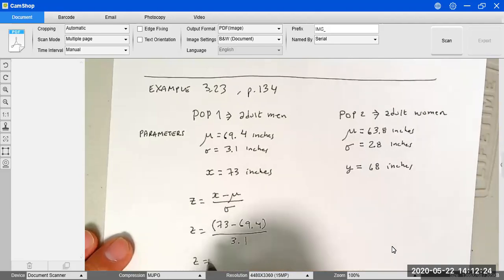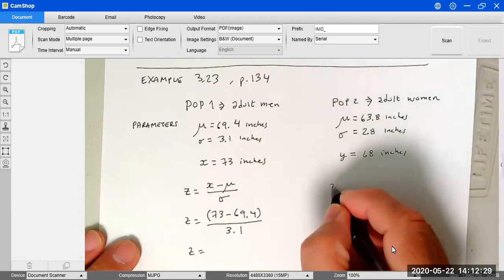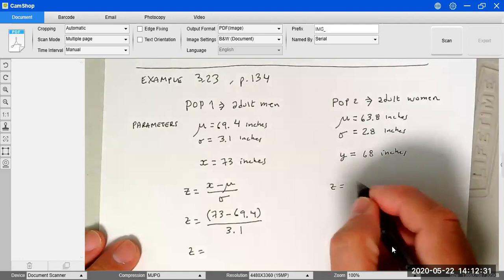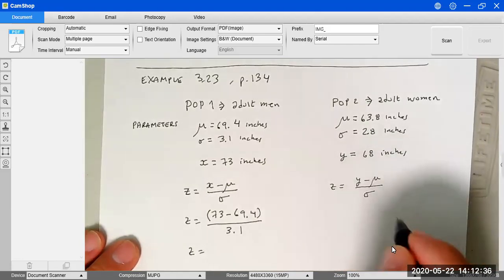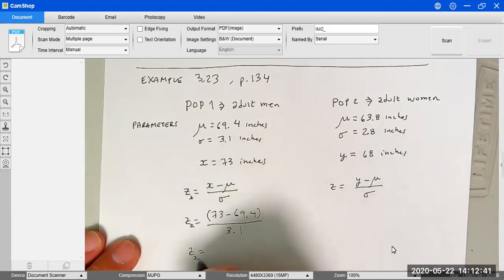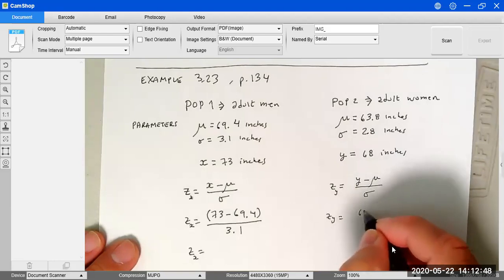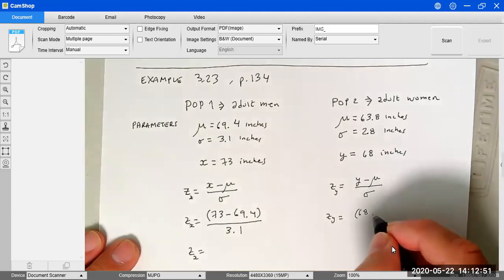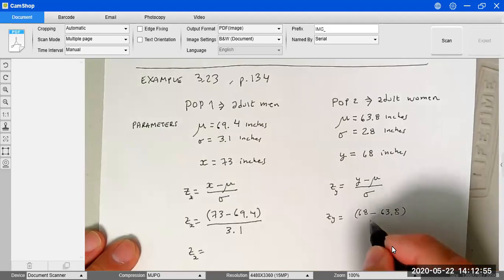Now for the woman we have another z-score, y minus mu over sigma. This is the z for x, and this is the z for y. The z for the woman is going to be 68 inches, don't forget the parentheses, minus the corresponding mean, 63.8, over the standard deviation 2.8.